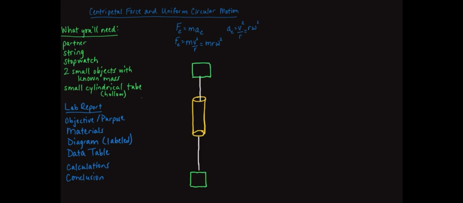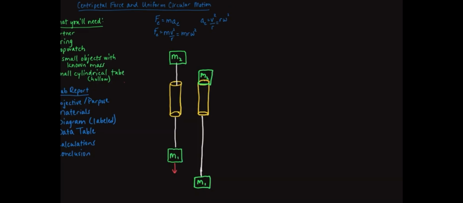Now I'm going to call the one at the bottom M1 and the one here at the top M2. So if you have it set up like this, then if you let go of the string or let go of the masses, the force of gravity is going to pull downward, and it will then be flush against the tube.